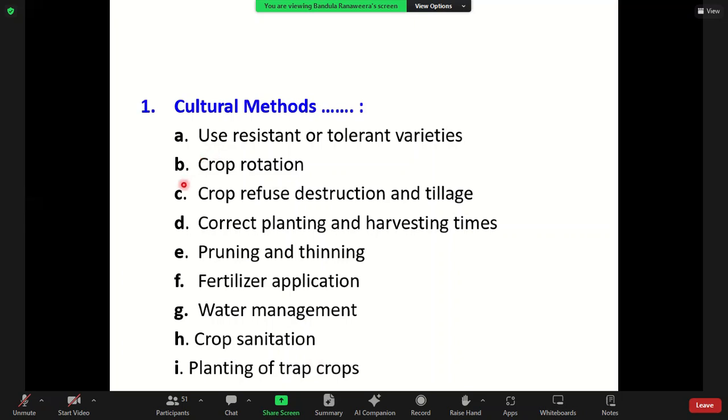Now you can see that all these practices are normal crop production techniques that are applied by farmers to get good quality and expected quantity of yield.